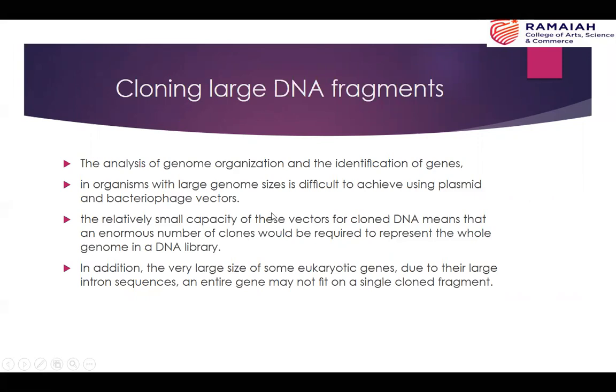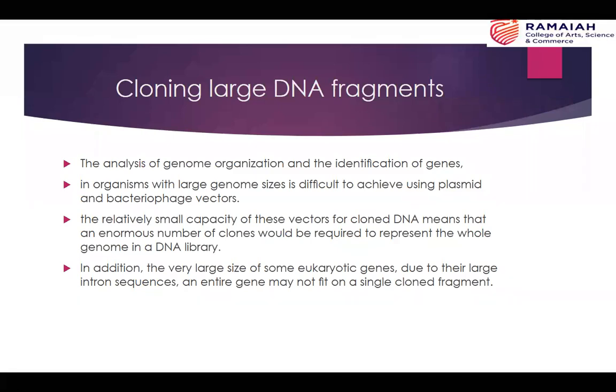In the later units of the syllabus, we will be discussing what DNA libraries are, what the different types of libraries are, and how we construct them. The entire genome of one particular organism is represented in the form of a library, that is nothing but a collection of the genes of that organism.